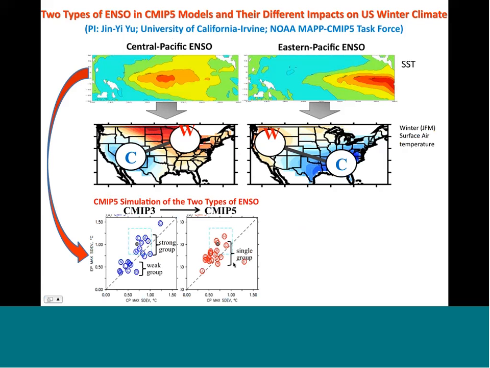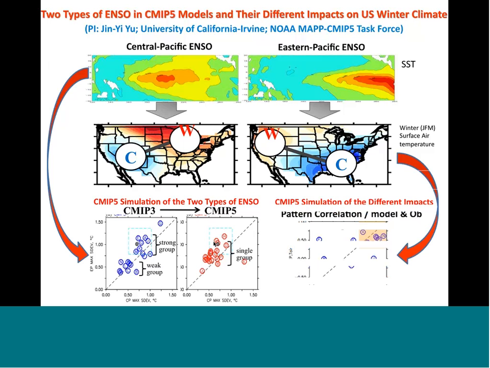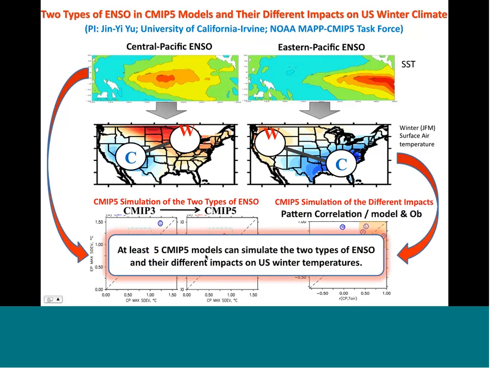Now the models have tended to group together, and the weaker ones have become more similar to the stronger ones, so a single group. And then in terms of the teleconnection, it turns out there's probably about 5 CMIP5 models that can simulate these two types of ENSO, as well as their different impacts on U.S. winter temperatures. And of course that means there's a whole bunch of models that can't do that.